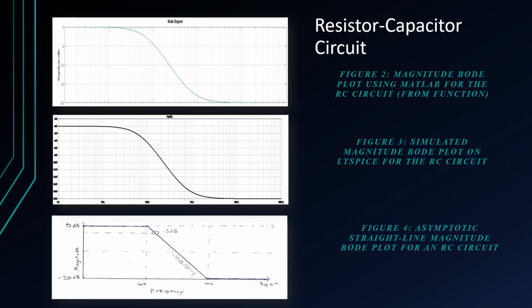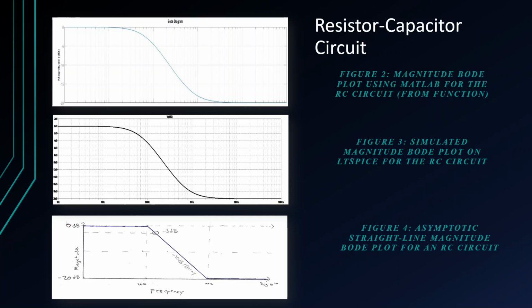Here, we can see a lot of information about the system. The first one on the top is the magnitude Bode diagram, and it is the one from MATLAB. MATLAB plots the function, and it can describe what the system is doing. However, it is not as intuitive to know what the pole is or what the parameters are.